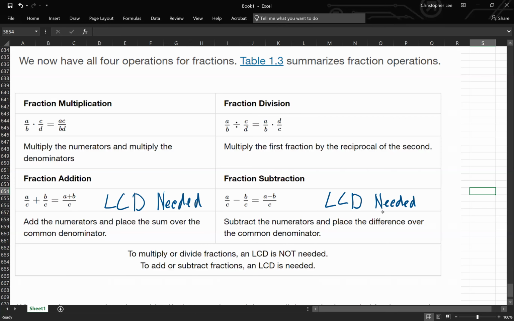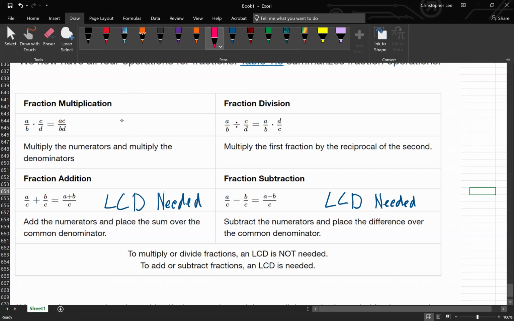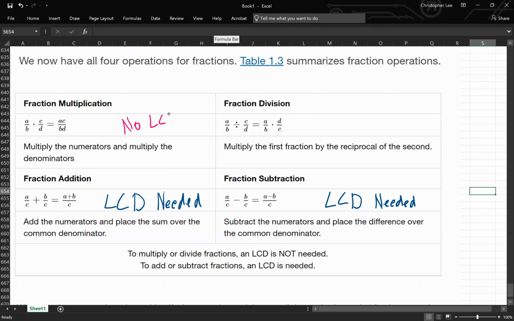For multiplication and division, no LCD.